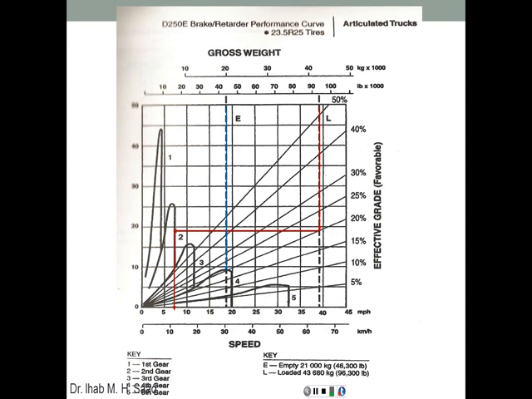And if it's empty, this is when it's loaded. If it's empty, same equipment and moving again on the same slope, also in the second gear, it's going to give us about the same speed, which is about 7 miles per hour.